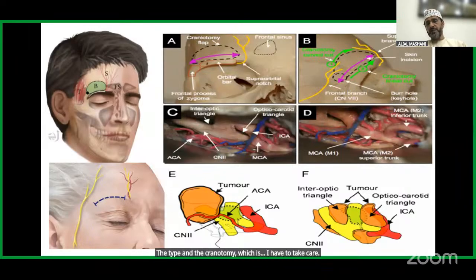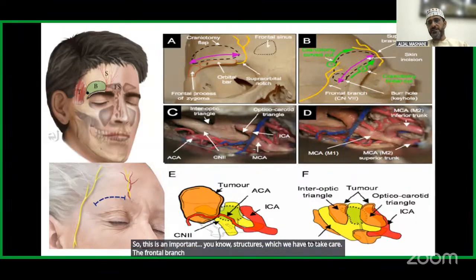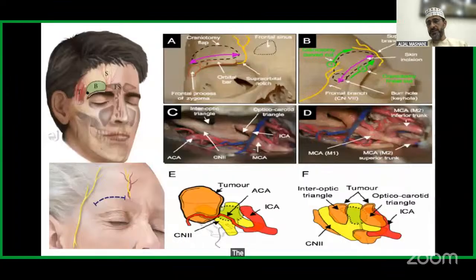In some patients, the frontal sinus is large and extends laterally, and it may be involved during your craniotomy. So these are important structures which we have to take care of. The skin incision and the exposure are important for doing a small keyhole craniotomy.